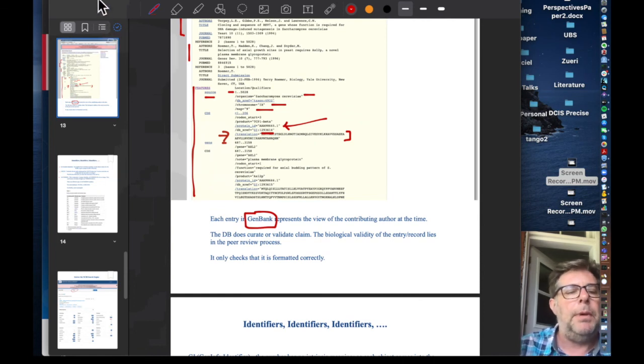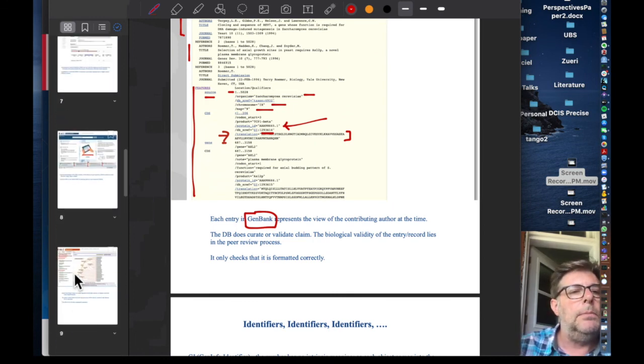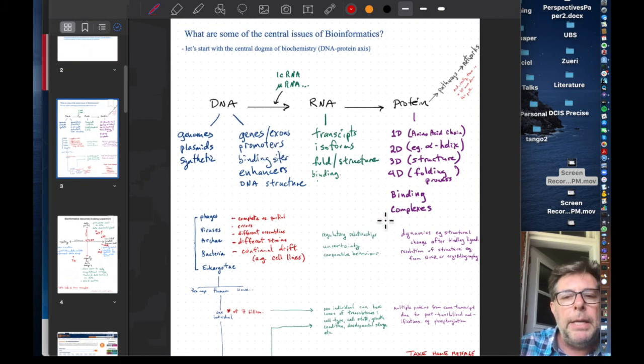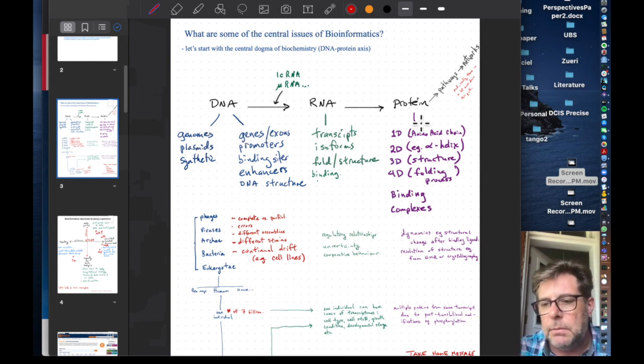Now it changes depending on whether you're talking about genomic DNA, genes, proteins, etc. But let me put it this way. If we go back to our image here, basically everything that comes into NCBI in the Genbank gets such a file, okay, and it gets such an accession number, whether it's a genome, plasmid, gene, transcript, or amino acid chain, okay?